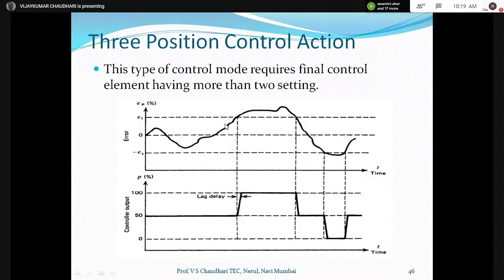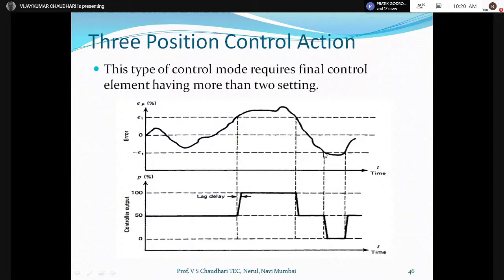Minus e_v to e_v is the neutral zone, and for this we have 50% output. So greater than e_v, it is 100% then, and again it enters the minus e_v to e_v band, and in that case again the output will be 50% set. Okay, and this also takes some time due to controller lag, right? So it will be delayed by some time, right?